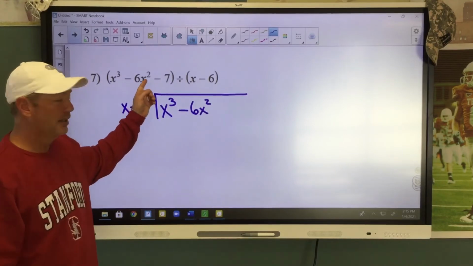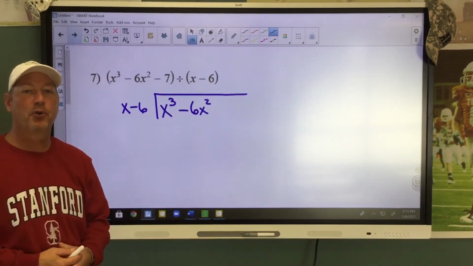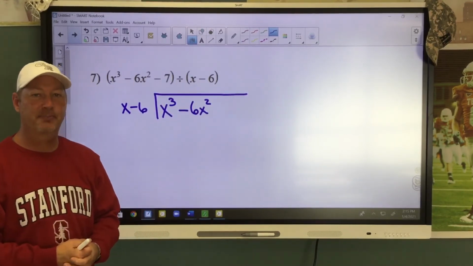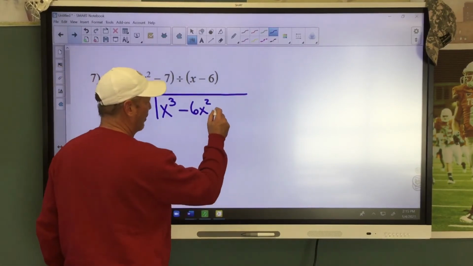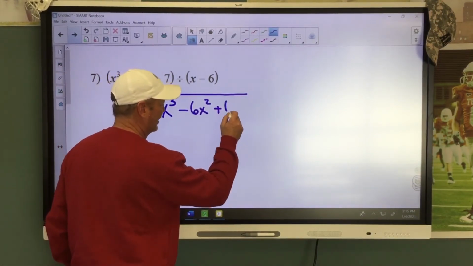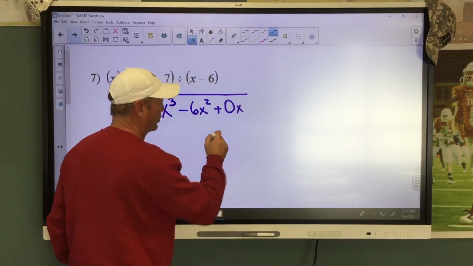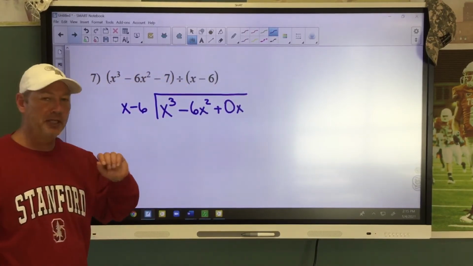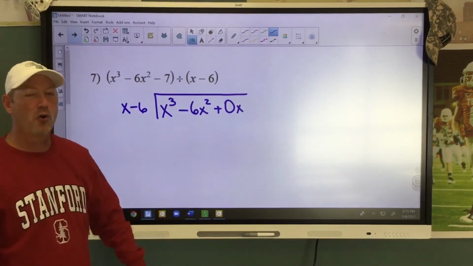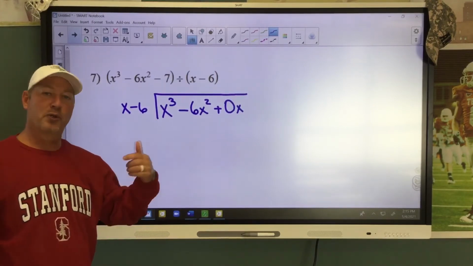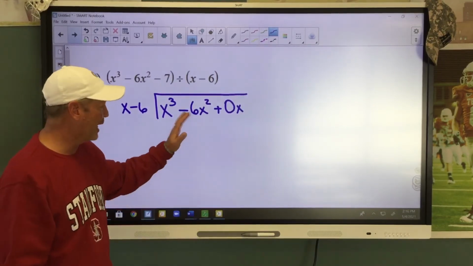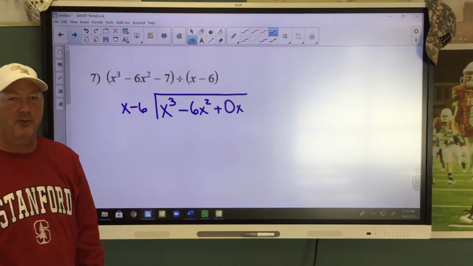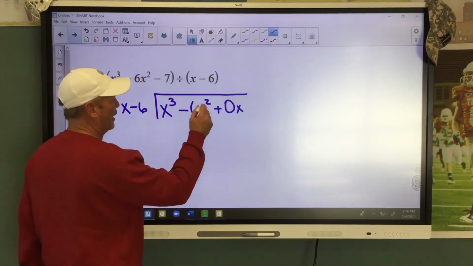It's missing. So what we need to do is put in a 0 to hold that spot. So we're going to put in plus 0x to the first. You cannot skip. You need to put that 0 in there to hold the spot. Especially with our next concept, you cannot leave a gap. You need to put that 0 there. Okay? And we have minus 7.